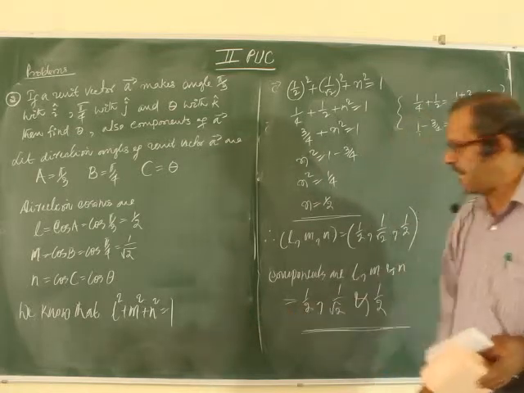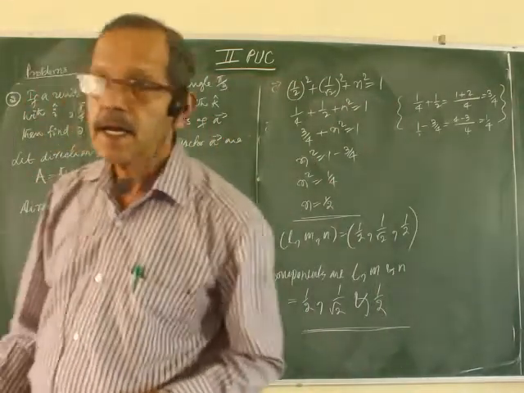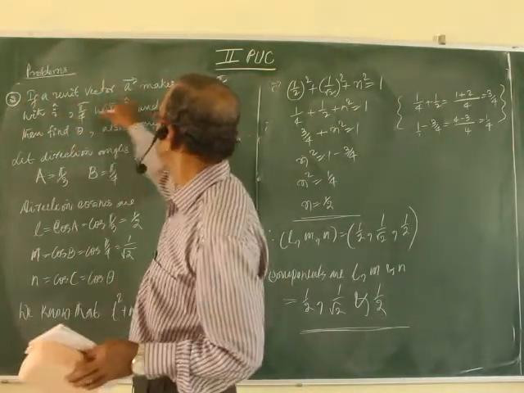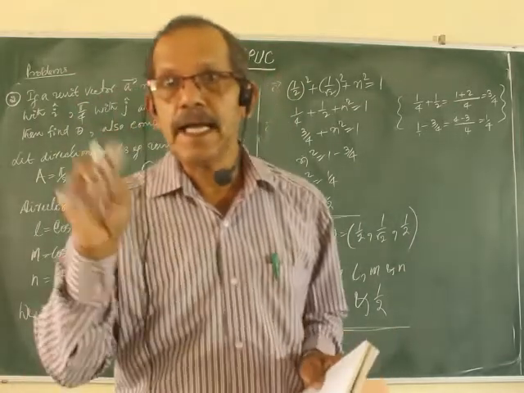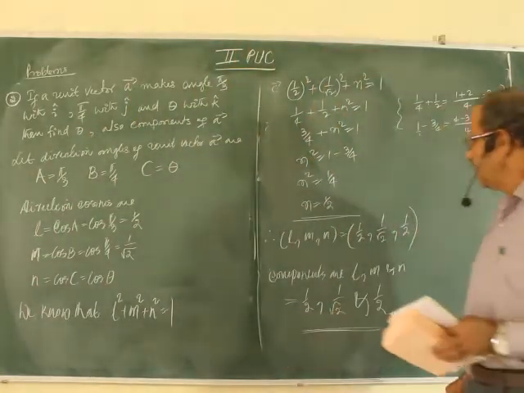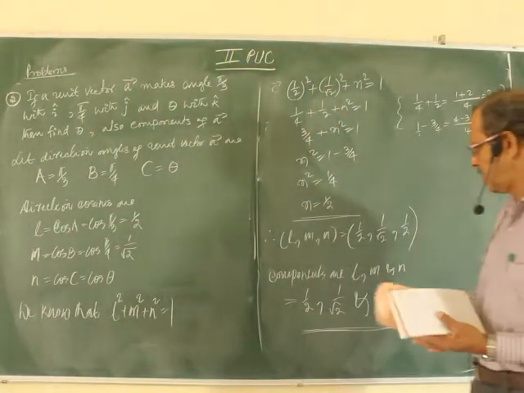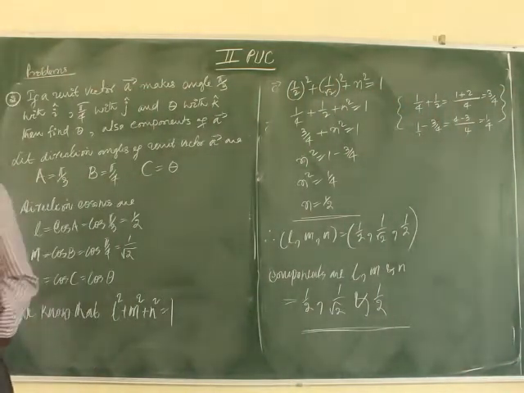Same components and direction cosines will be the same. Why? Because it is given that it is a unit vector. Otherwise you have to find direction ratios, not the cosines. Yes. Problem number 2 is over.